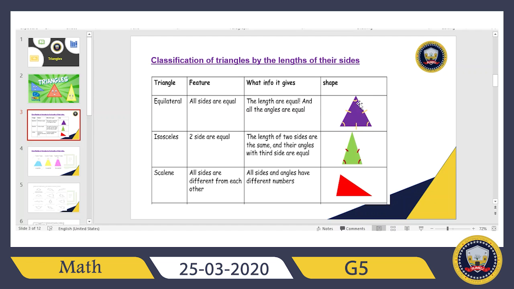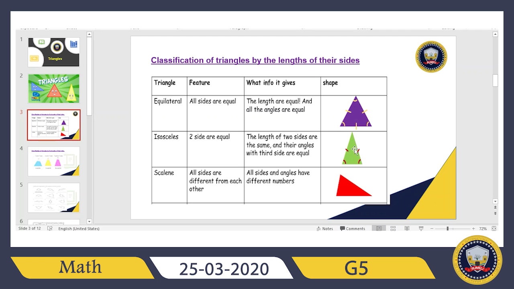We name this triangle an equilateral triangle, where all the side lengths are equal. Yani, if this is 3 centimeters, so this side will be 3 centimeters and the third side will also be 3 centimeters. What about the second type?